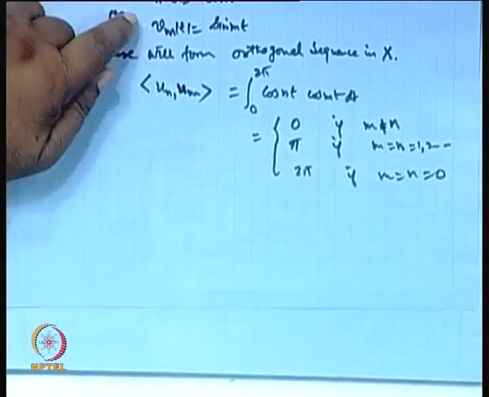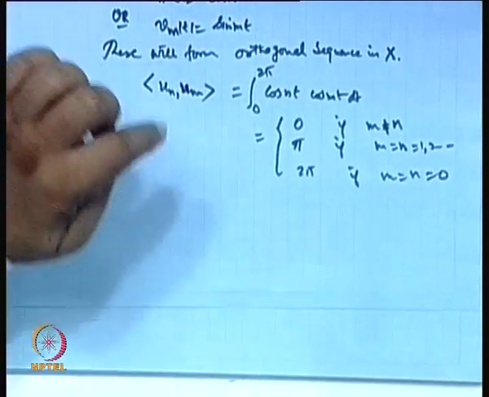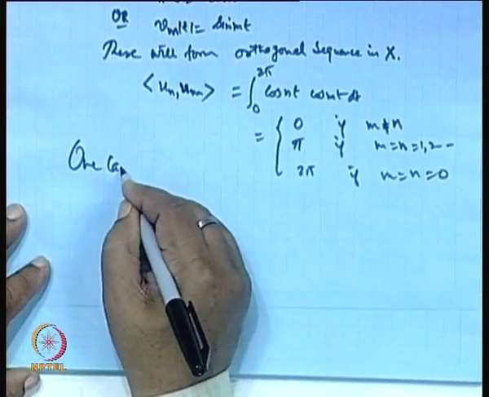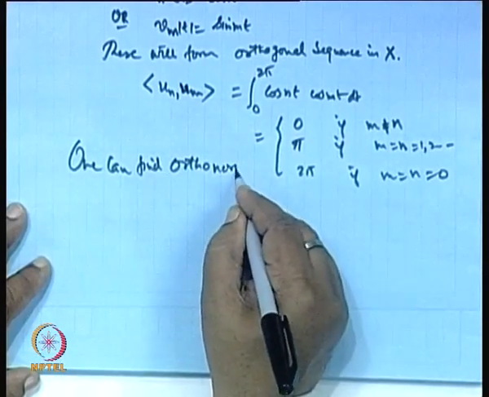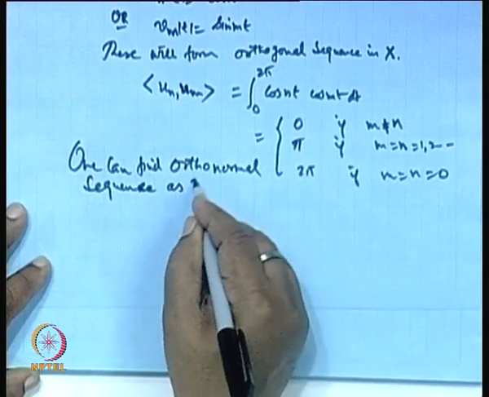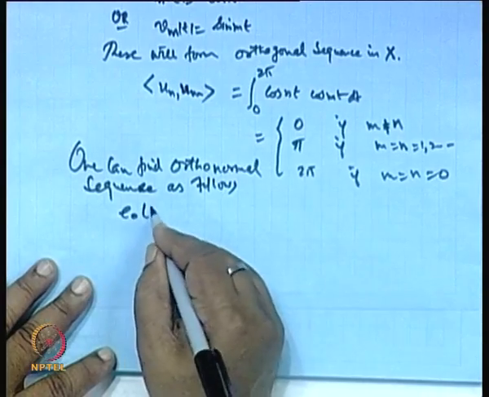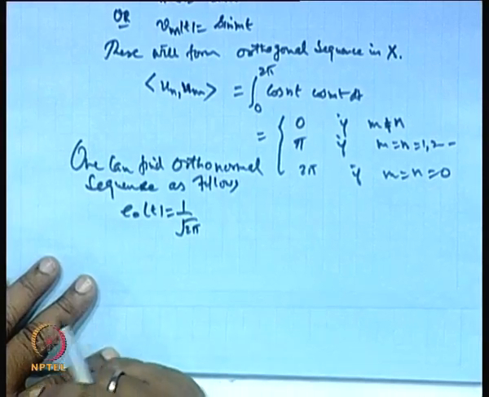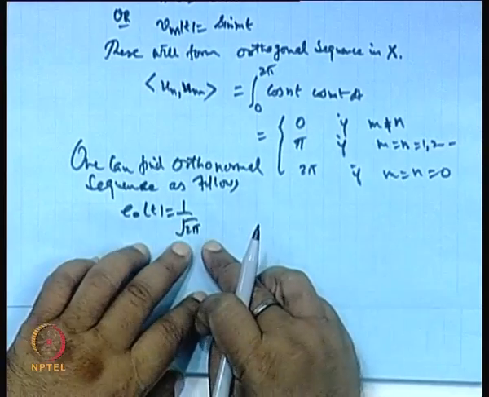So, we are not saying that this is an orthonormal sequence, but it is an orthogonal sequence, and if you are interested in finding the orthonormal sequence, from here one can find it as follows. Say the first element e_0(t) I am writing to be 1 upon root 2 pi. So, the norm of e_0 squared will be 2 pi, that will get cancelled.